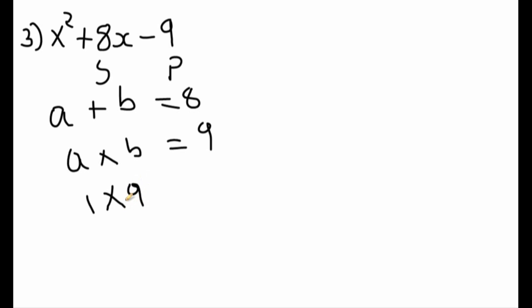No, remember this is -9, so one of these should be negative. Either I have -1 times 9 or 1 times -9. Since the sum should be 8, it's gonna be -1 and 9. If I have -1 plus 9, the sum is gonna be 8, right? And the product, -1 times 9, is gonna give me -9.